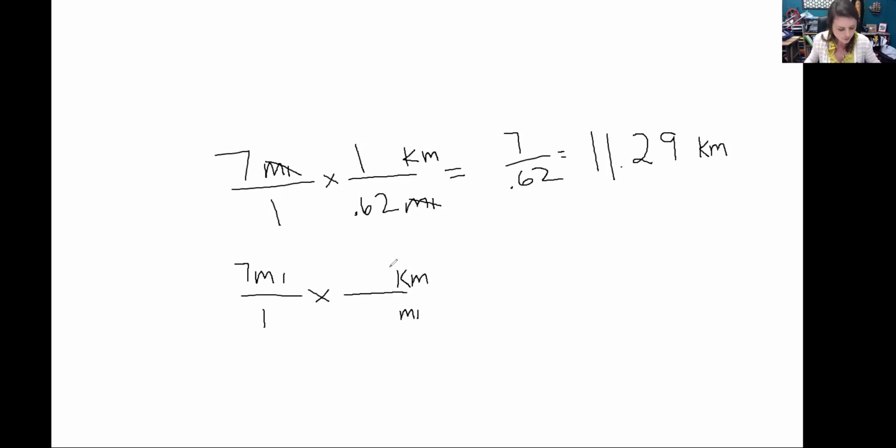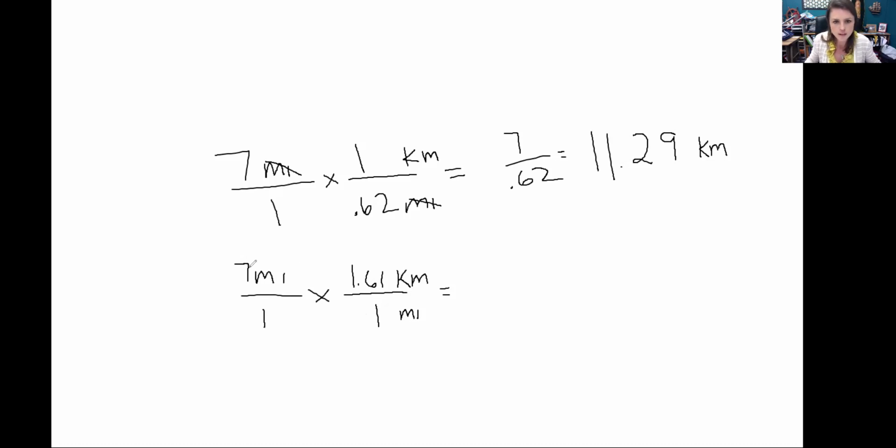Now this time, instead of 1 kilometer, I'm going to put miles as 1 down here. So 1 mile and 1.61 kilometers. Okay, so I'm using this as my conversion factor.